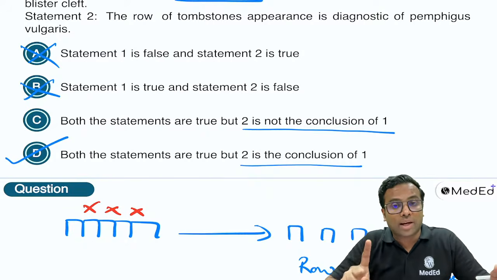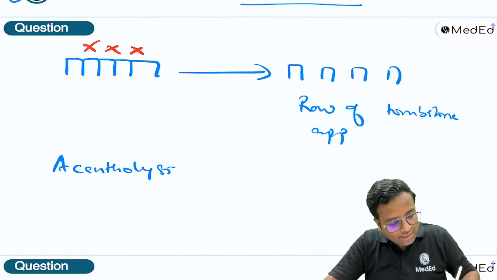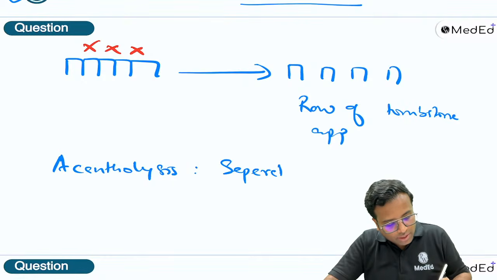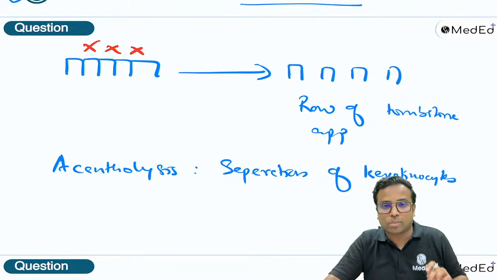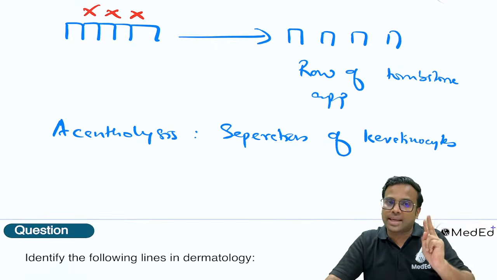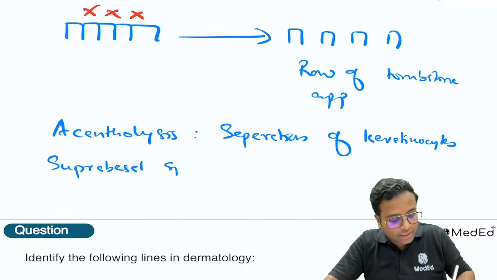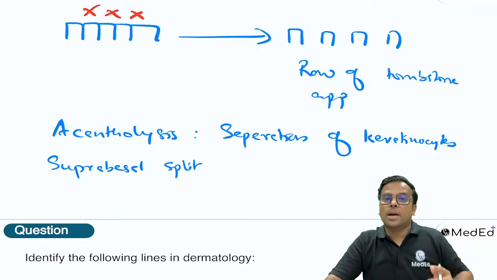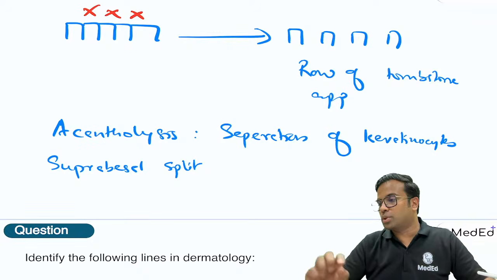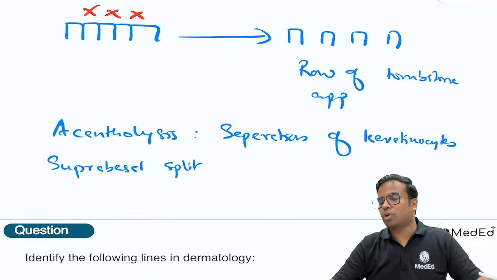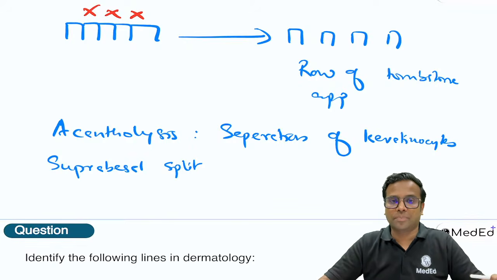If it is pemphigus vulgaris, there definitely will be acantholysis, which means there is a separation of keratinocytes because there is a desmosomal defect. Along with that, the second thing is that there will be a suprabasal split. Because of the suprabasal split, you can also see a row of tombstone appearance, like what you can see in a graveyard. Clear? Chalo.